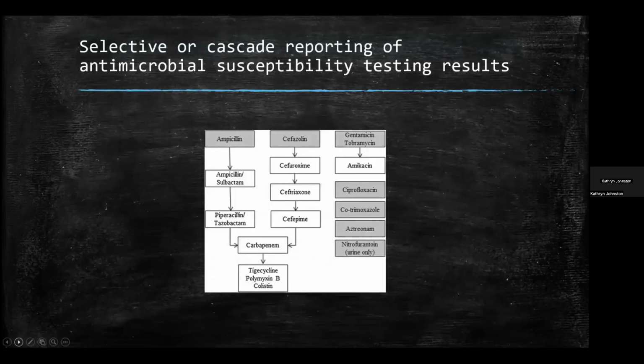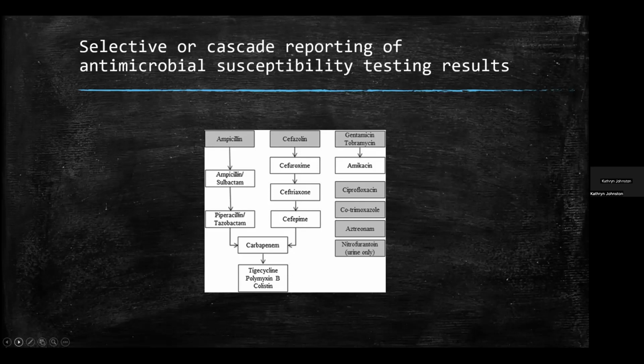So the first suggestion is something as simple as selective or cascade reporting of antimicrobial susceptibility testing. That's one strategy for antimicrobial stewardship.